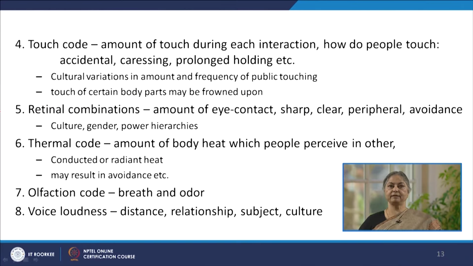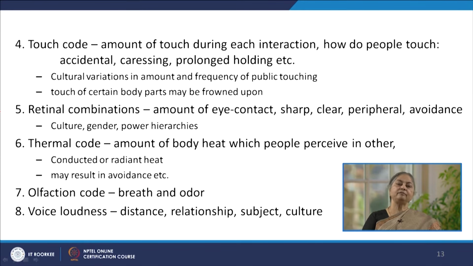After that, he talks about the touch code, that is the amount of touch which is permissible during each interaction. How do people touch? How frequently do they touch each other? Whether this touch is accidental or is it prolonged? Is it caressing or is it holding? Whether people accept these touches conveniently or do they feel uncomfortable.